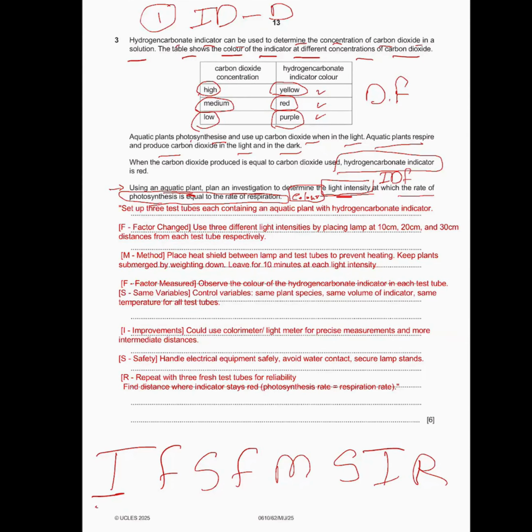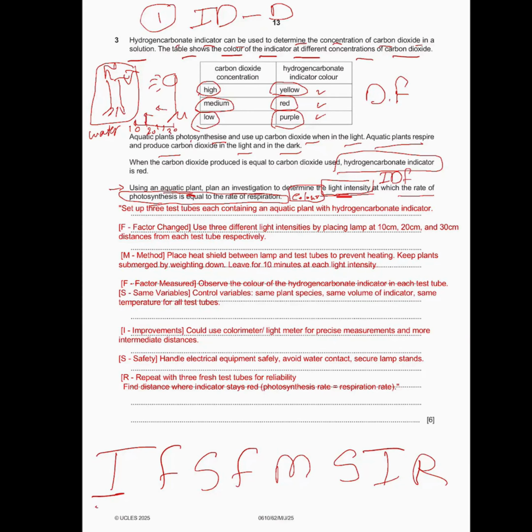Look, we get a plant, we add it in water, we get a lamp, and we put the lamp at different distances. Why? To control the light intensity. For example, distances of 10 centimeters, 20 centimeters, 30 centimeters, and I move the lamp from one distance to the other.